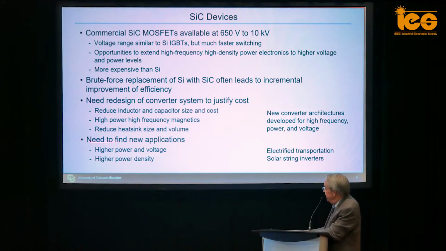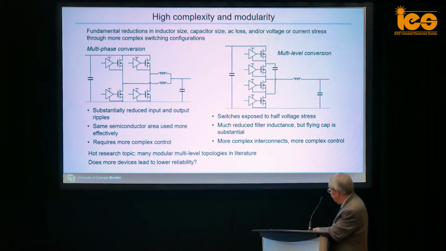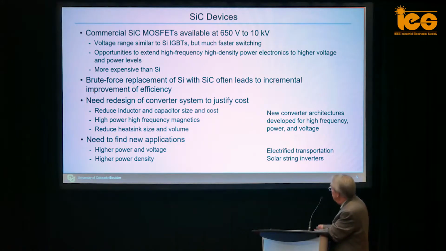New applications then become open, and we're seeing a lot of papers and research in the area of converter architectures that usually are highly modularized, such as multi-level modular converters at these higher power levels. I guess two examples of opportunities here.